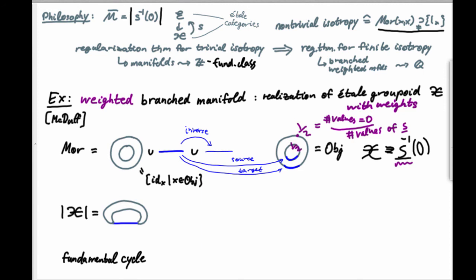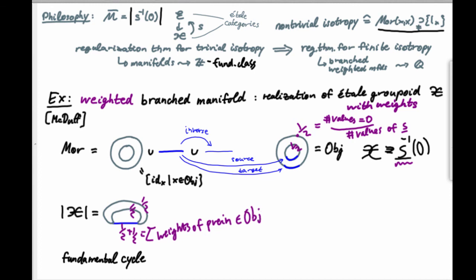Let's say both of these circles come with weight 1/2. Then in my realization, I get new weights by simply adding the weights of the pre-images in the object space.